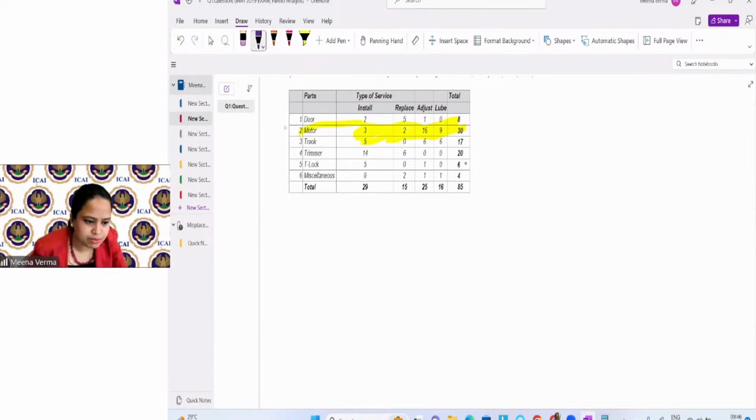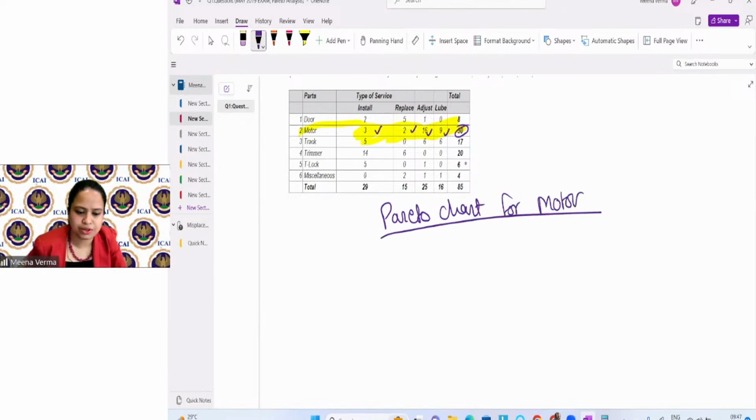You can see the sum of these values will give 30. Arrange it for the motor Pareto chart. Now we are preparing the Pareto chart for motor.